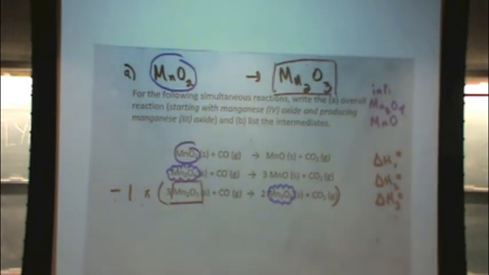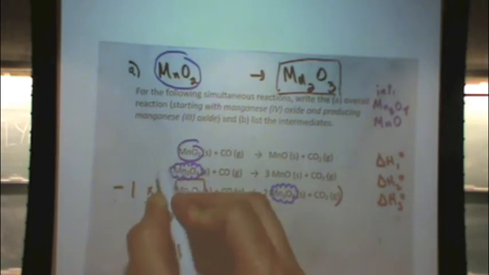Let's do that one. I want that one to cancel. So if I want that one to cancel, right now I have -2 of these over here. So what do I need to multiply this one by? Remember, it has to cancel.